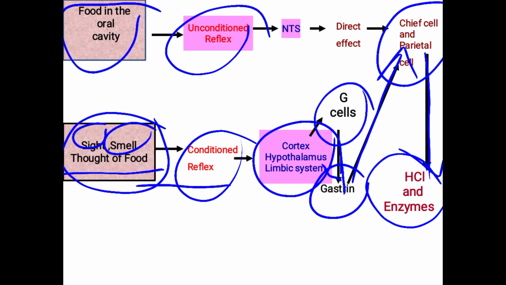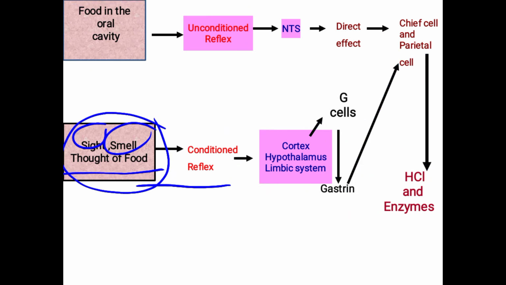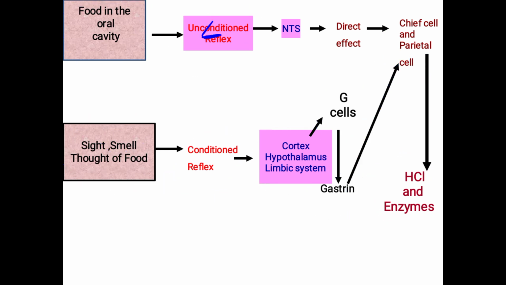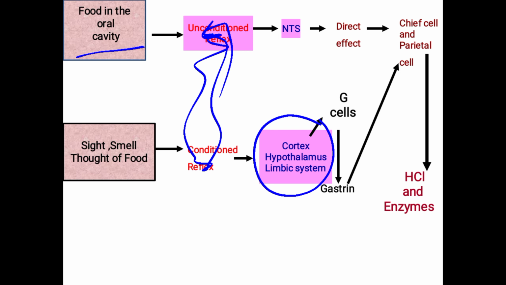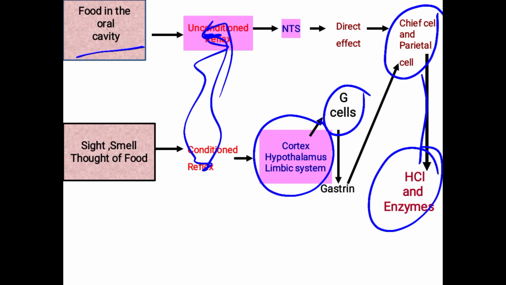So whenever food is in the oral cavity, or the sight, smell or thought of food, it stimulates the brain, which stimulates the G cells, chief and parietal cells, and they secrete HCl and enzymes. That is enough. That is called the cephalic phase.